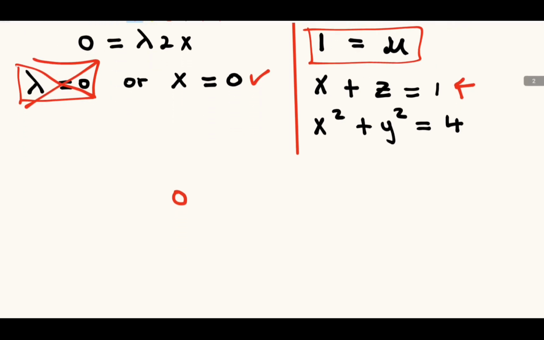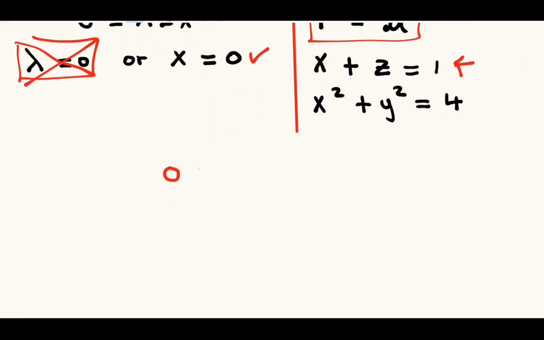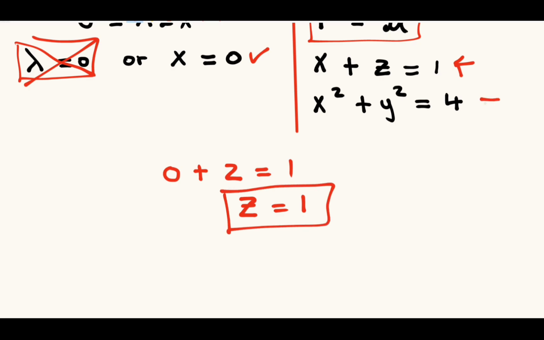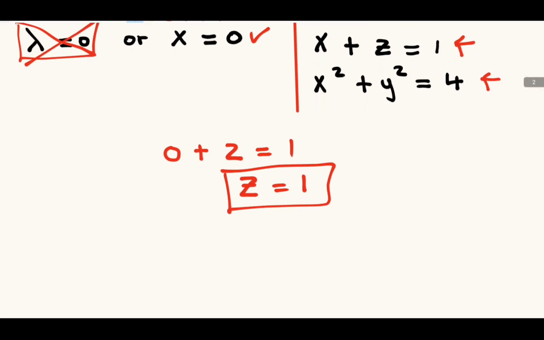We substitute 0 into the x plus z equation. 0 plus z will be equal to 1, and z will be equal to 1. We also substitute 0 for x in the x squared plus y squared equation. We get 0 plus y squared will be equal to 4.